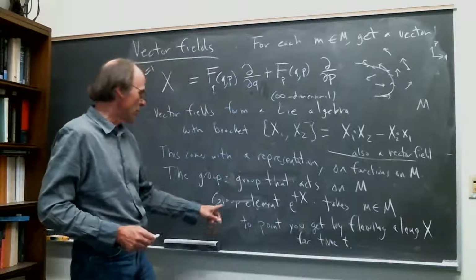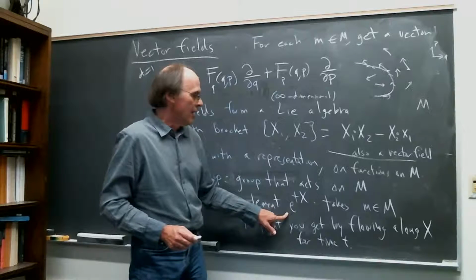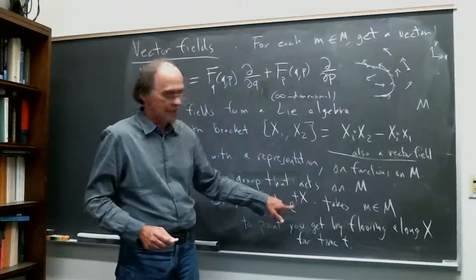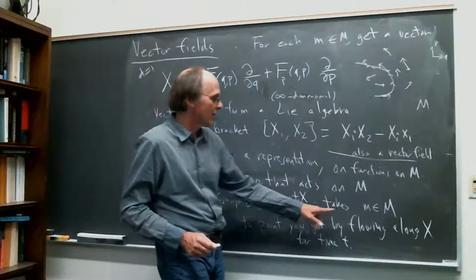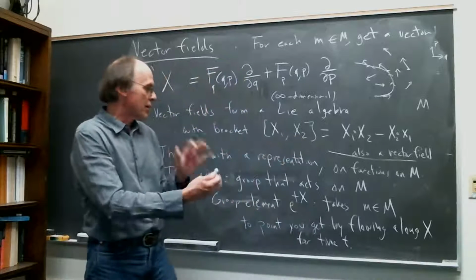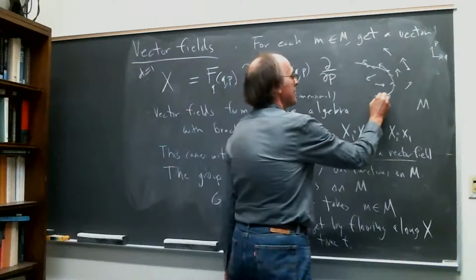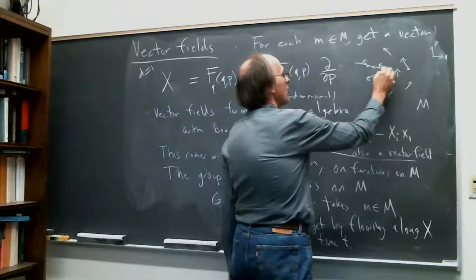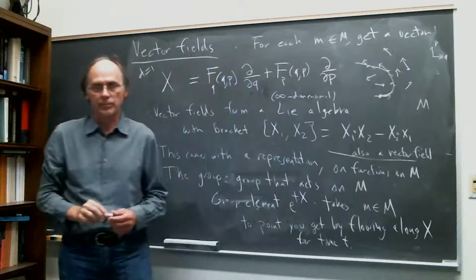If you want to know what the group element is that corresponds to exponentiating a vector field, well, it's the group element that takes each point in the manifold, let's say this was at t is equal to 0, and it flows along for some time t.